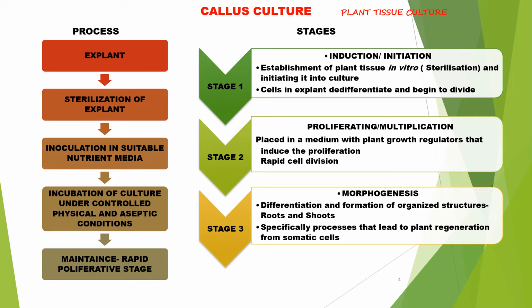Stage 3 is called morphogenesis, which includes change in the concentrations of the phytohormones so that the undifferentiated mass of cells get differentiated into organized structures of roots or shoots. This is with an intention of plant regeneration.